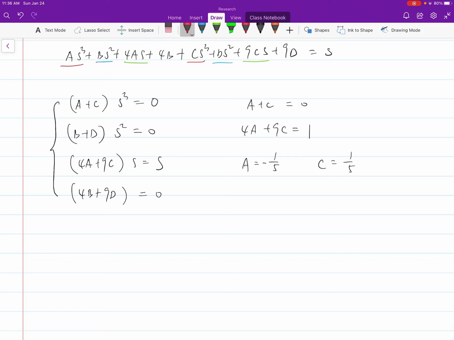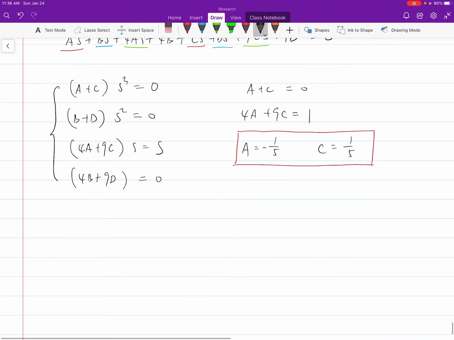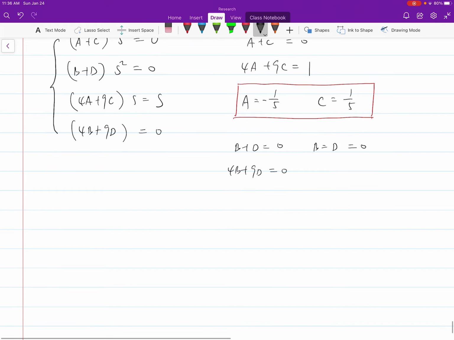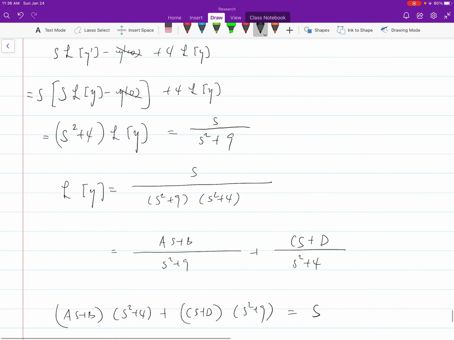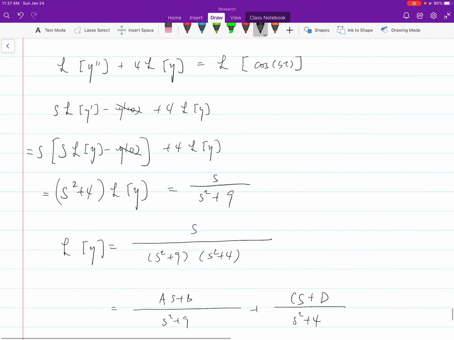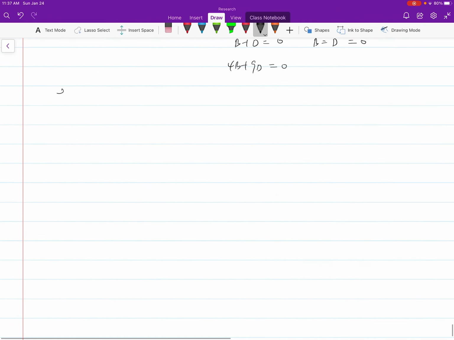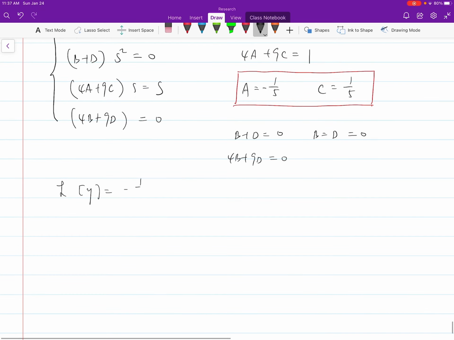Okay, so that's the first part. Good news is it's still nice. Now the second part is B + D equals 0, and 4B + 9D also equals 0. So I think B and D are 0. It's fair.